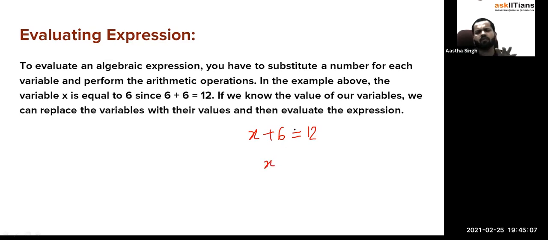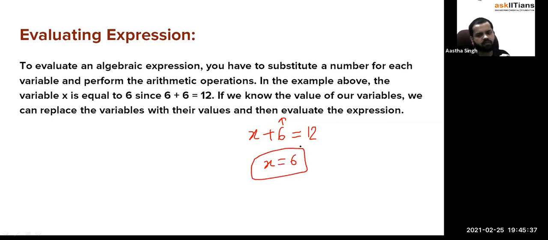Just looking at the equation, if something is added to 6 and it results in 12, what will be the value of that something? Suppose you have 6 chocolates. What will you add to the 6 chocolates so that it becomes 12? Another 6, right? It's just the basic rules.